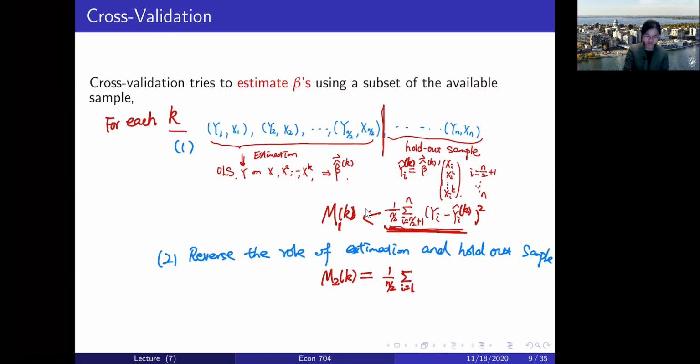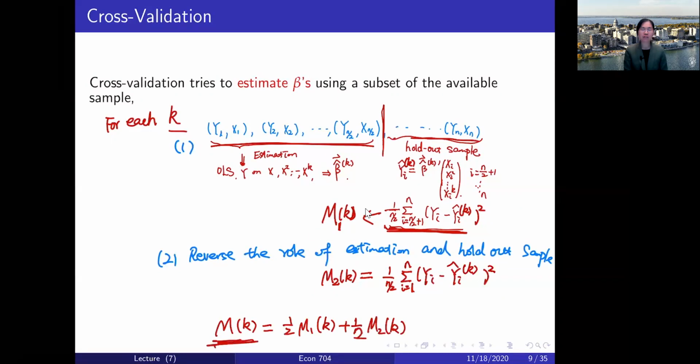M2k is composed of the prediction error of the first half of the sample, using the estimate obtained from the second half of the sample. And then you average these two. Because now you evenly split the sample, that's just going to be an equal weight average.